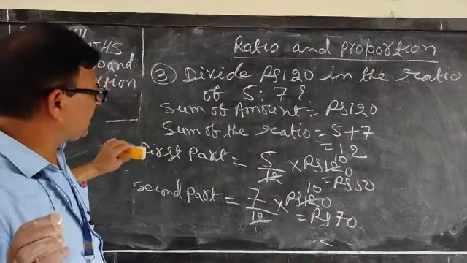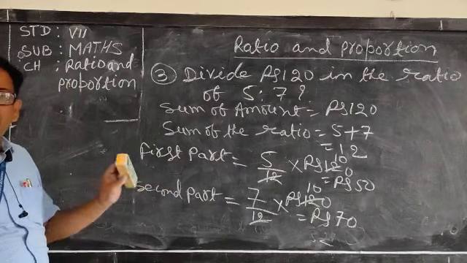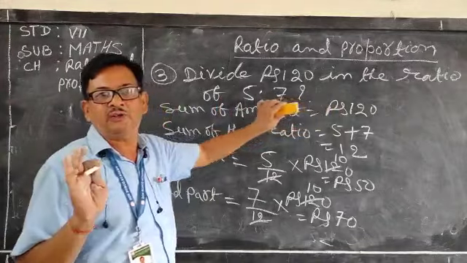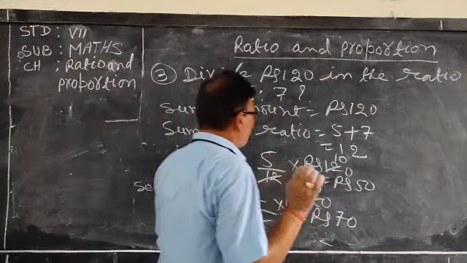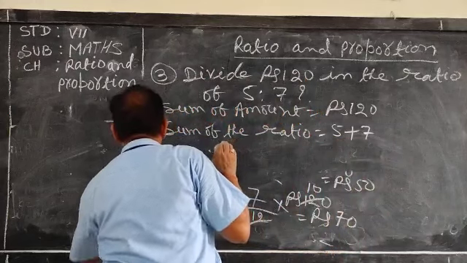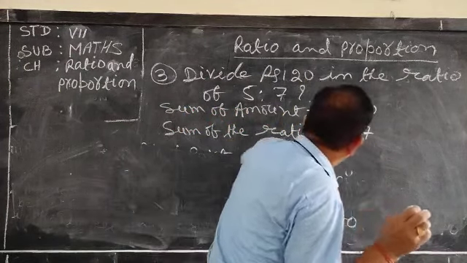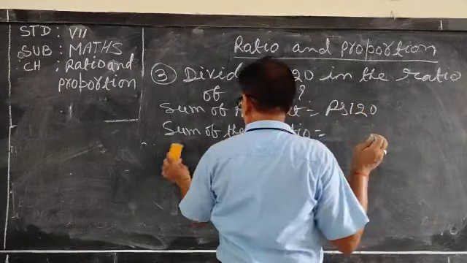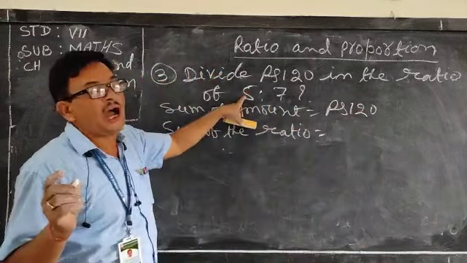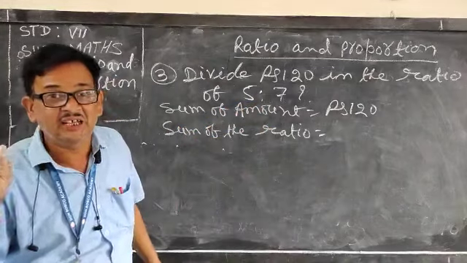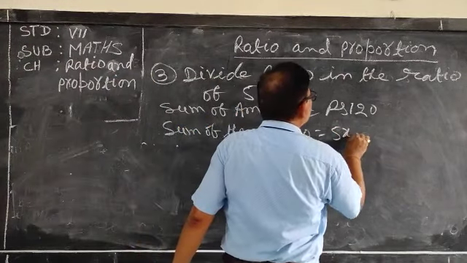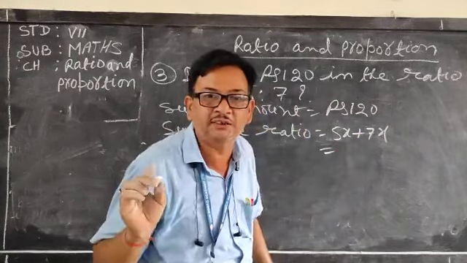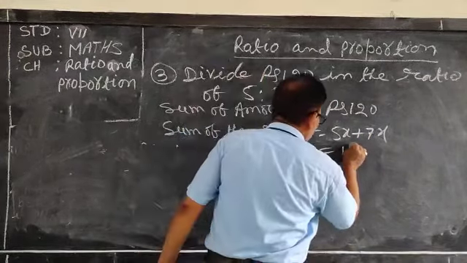Now you can solve this question by another method, taking x. The sum of the amount is 120. The ratio is 5:7. So what do you do? For the ratio 5:7 you can take x. So 5x plus 7x is equal to what? 5x plus 7x will be 12x.